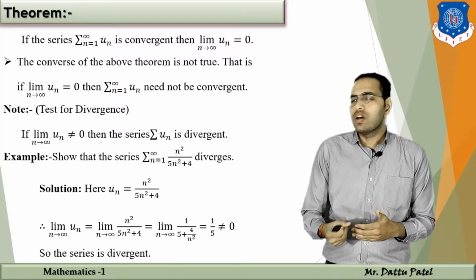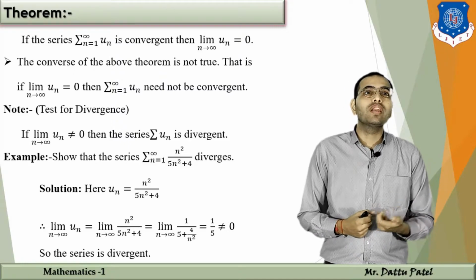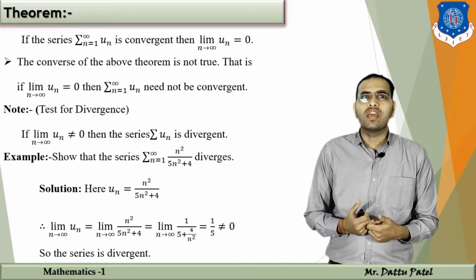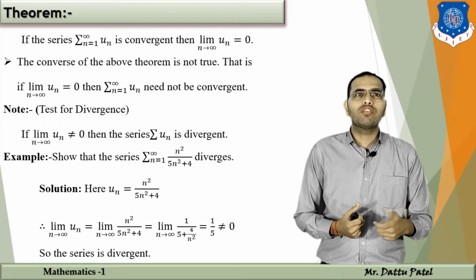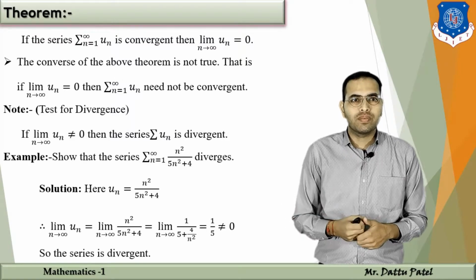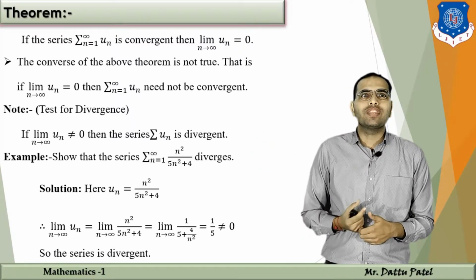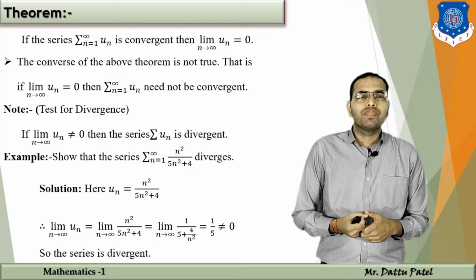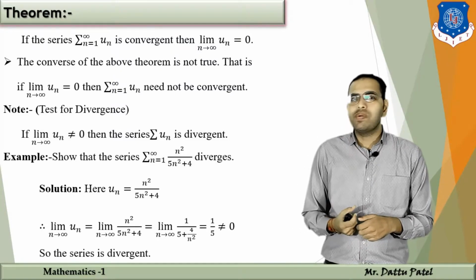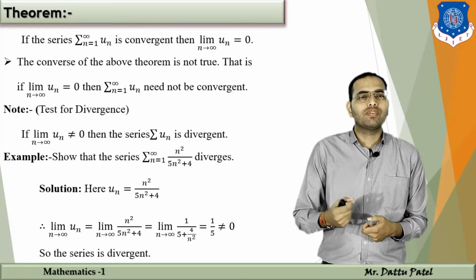Now let's see one example based on the zero test or test for divergence. Show that the series summation n equal to 1 to infinity n square upon 5n square plus 4 diverges. Here un equal to n square upon 5n square plus 4. Now applying the limit n tends to infinity to un, then limit n tends to infinity n square upon 5n square plus 4.